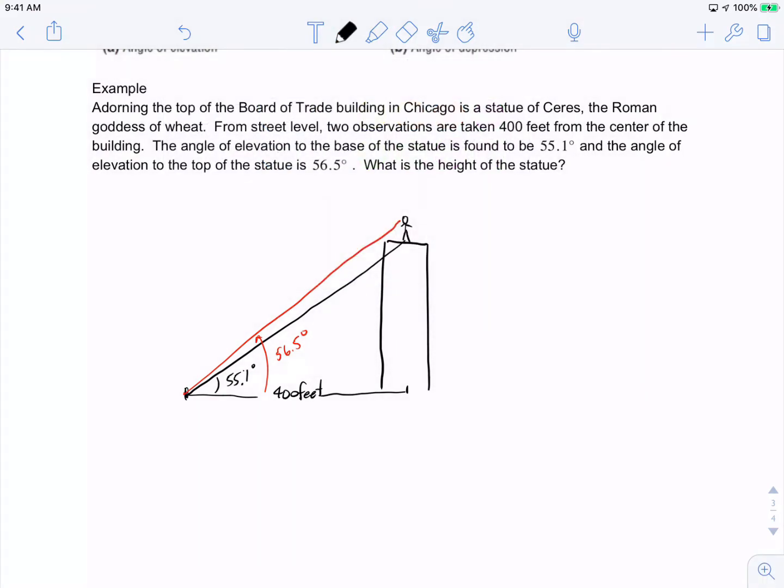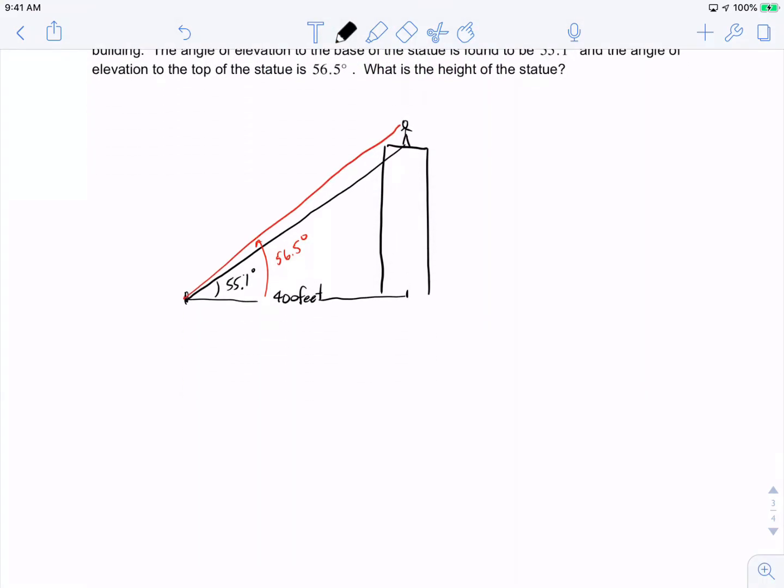we have 2 triangles, right? So we have the triangle to the feet of the statue, and so that's going to be drawn this way. It's a right angle, and we know that this is 400 feet, and we know that this is 55.1 degrees, and we obviously want to find this B height. So we have an angle, we have an opposite, and we have an adjacent.